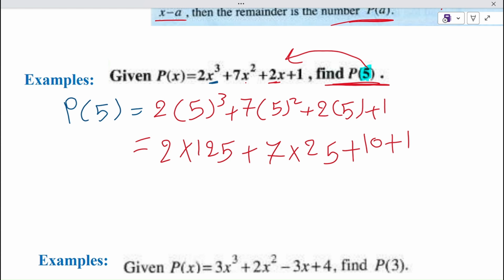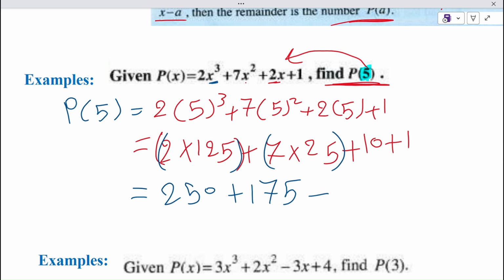Okay, let's multiply these numbers all together, then add by order of operations. 2 times 125 is equal to 250, plus 7 times 25 is equal to 175, plus 10 plus 1 is equal to 11.